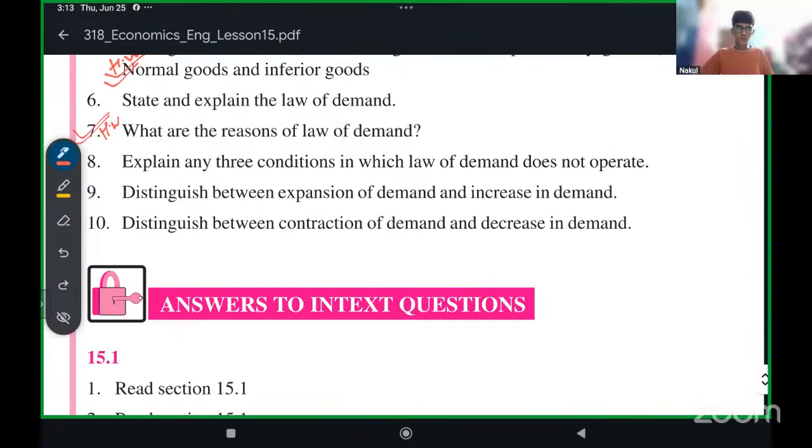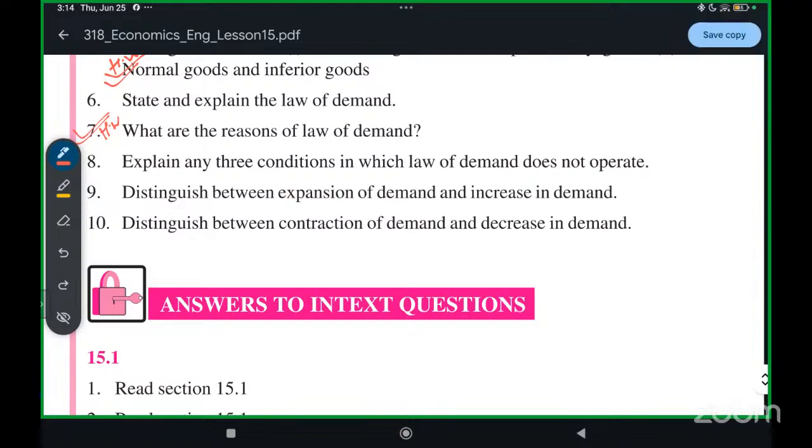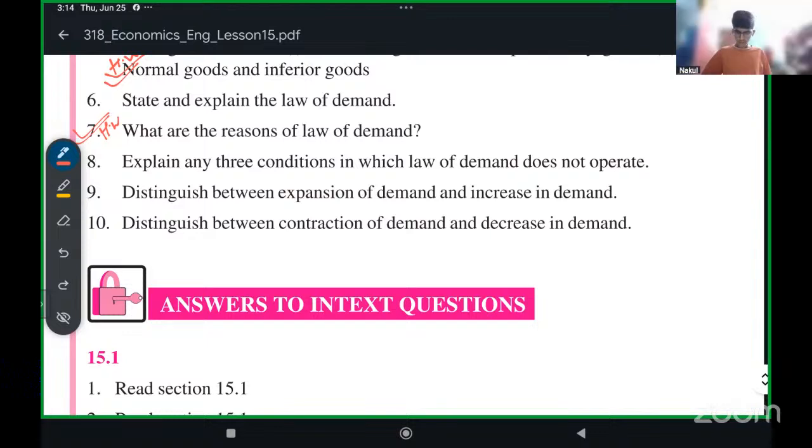Giffen goods, status symbol goods, and necessities are three of the exceptions. Giffen goods are a special type of inferior goods in which the negative income effect is stronger than the negative substitution effect, like rice.